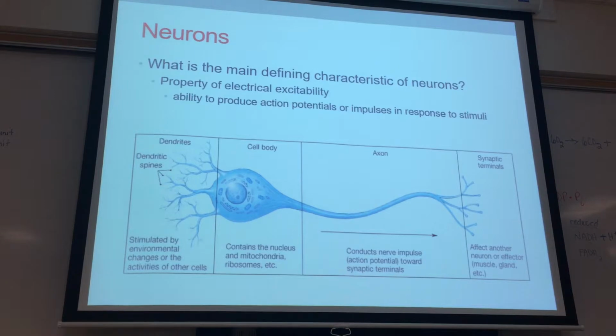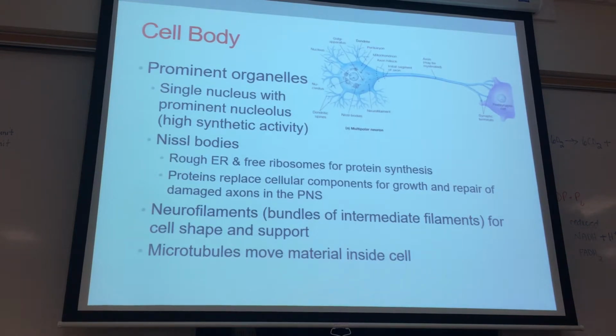When we actually look at the cell body, here you can see the bulk of the cell. This is the main area that's going to contain the nucleus. And it's going to have all the same organelles that we talked about earlier. Inside the nucleus, you'll find the DNA. You'll find Nissl bodies, which are combinations of the endoplasmic reticulum and free ribosomes, that their entire purpose is to create those proteins that we talked about last week.